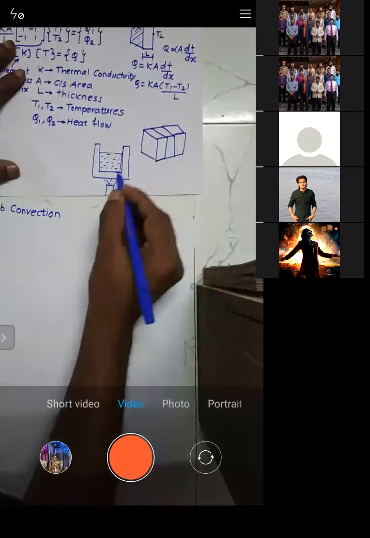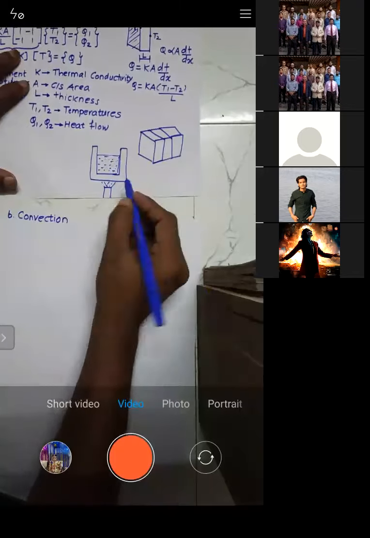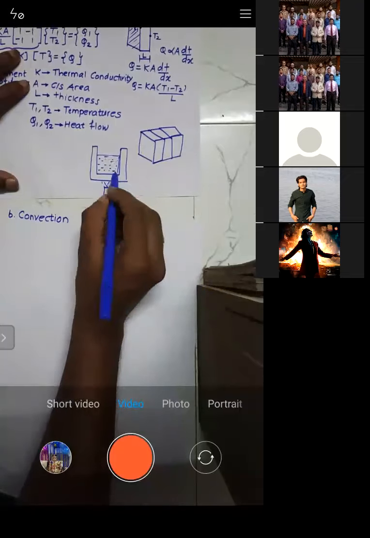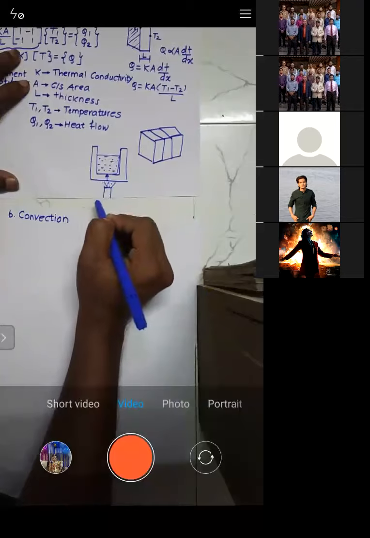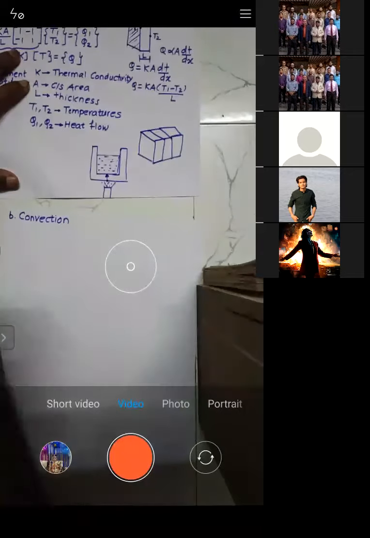So what will happen? Whatever heat is supplied to this particular vessel will transfer from this face of the vessel to this face of the vessel by conduction.